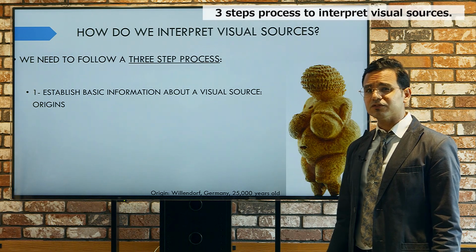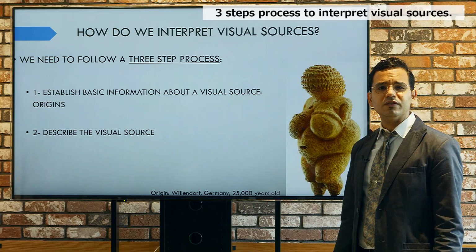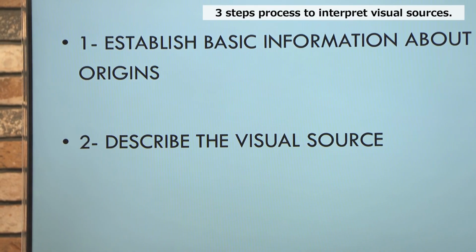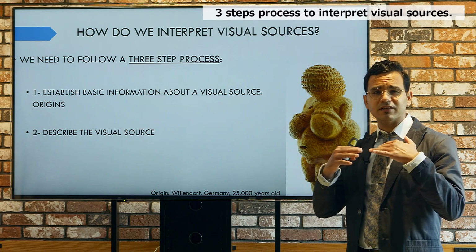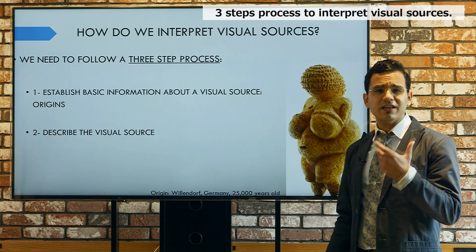The second step is to describe. What is it that you see? And here we see a round figurine with a protruding belly and large breasts. The hands are resting on these breasts. The face is indistinguishable.